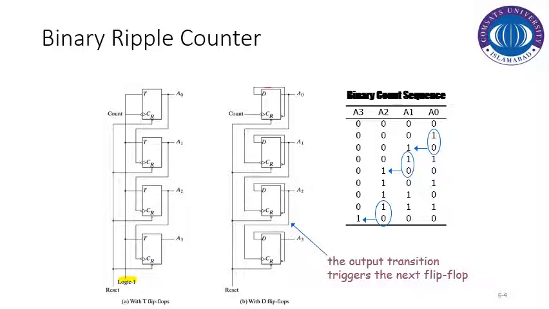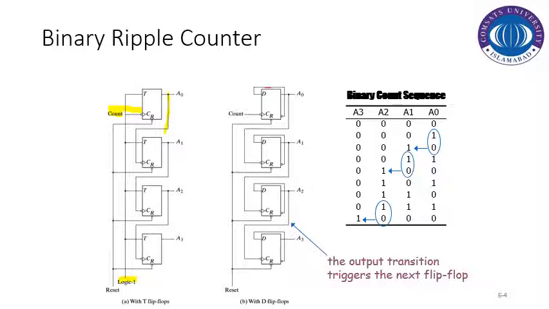The first flip-flop is connected with count, that basically serves as a clock source for the first flip-flop. So whenever there is a change in count, then this A0 is inverted. Now this A0 will serve as a clock source for the next flip-flop, and any change in this level, basically from 1 to 0, will trigger this flip-flop and A1 is updated.